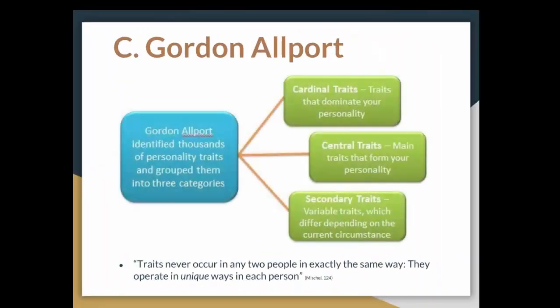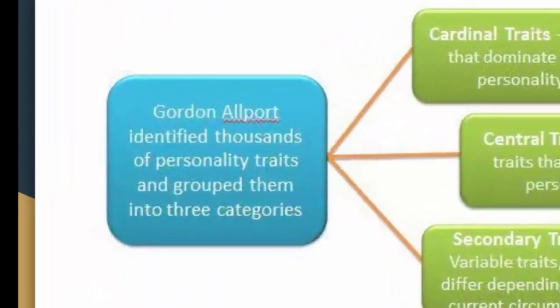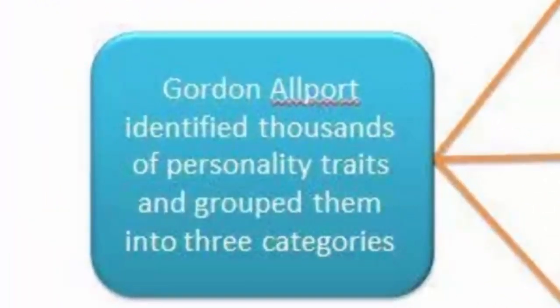Now, fast forward to probably 1940, 1950, Gordon Allport, an American psychologist, who was our first trait theorist. He was the first person to really look at and try to identify every specific personality trait that could exist in any given person. So he looked through the dictionary and found every single word that could be translated into a personality trait.